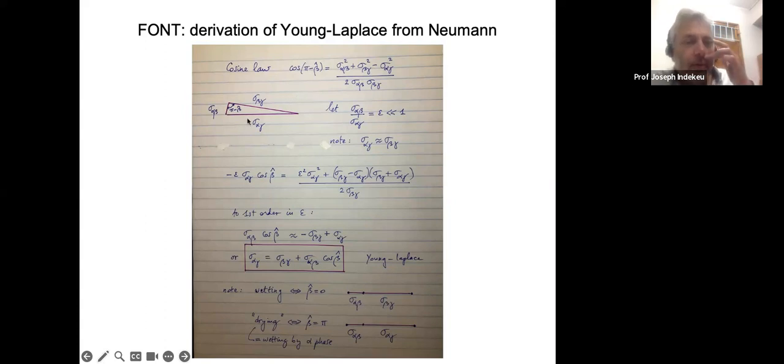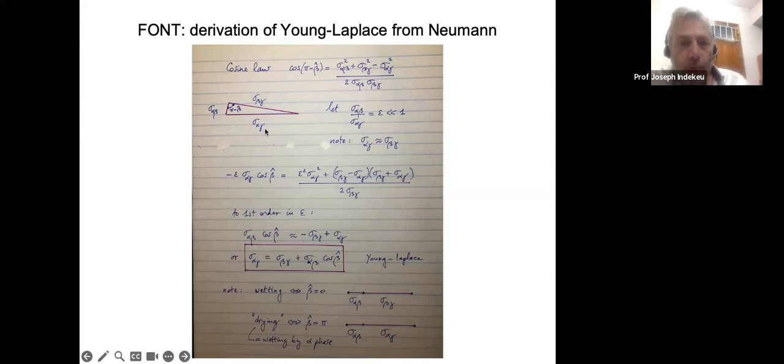And let's consider the triangle to be such that sigma alpha beta, the interfacial tension between the two liquids, so to speak, is substantially smaller in magnitude than the surface tensions of the solid against the liquid. And so we can choose either one of these two surface tensions. And in this case, we have to suppose that sigma alpha beta divided by sigma alpha gamma is a small number epsilon much smaller than unity.